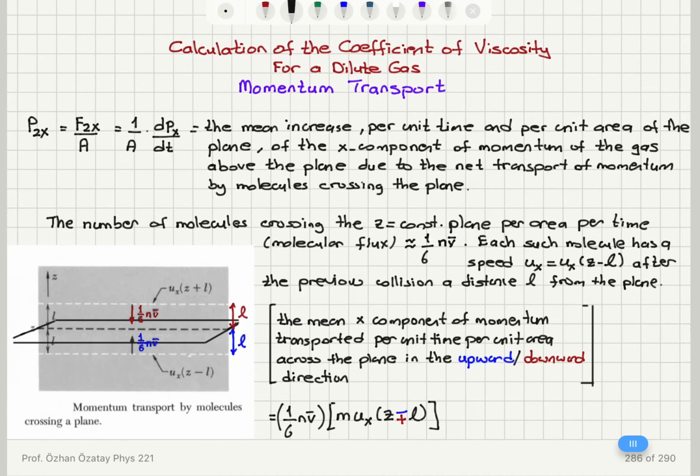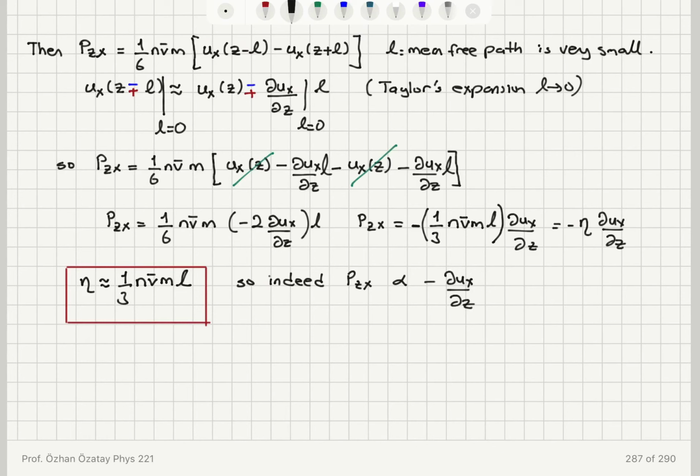So the mean x component of momentum transported per unit area per unit time across the plane is in the upward and downward directions. For the upward direction it's the molecules that have picked up a tangential speed at z minus L, and for the ones that are crossing from above the plane to below the plane, they have picked up a speed at z plus L. So the net momentum transported is the difference between these two.